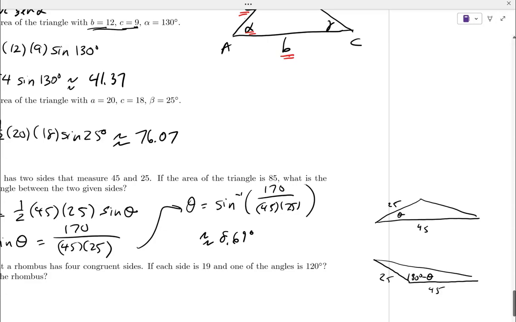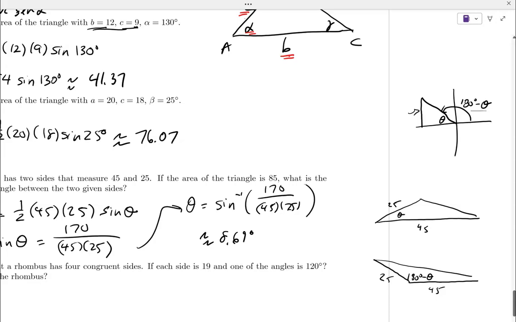And you would have also got an area of 85. The reason for that, of course, is if this is 180 minus theta, I make my reference triangle. This is now theta, right? The sine of 180 minus theta is the same as the sine of theta because of the reference angle, or the reference triangle here. Okay.